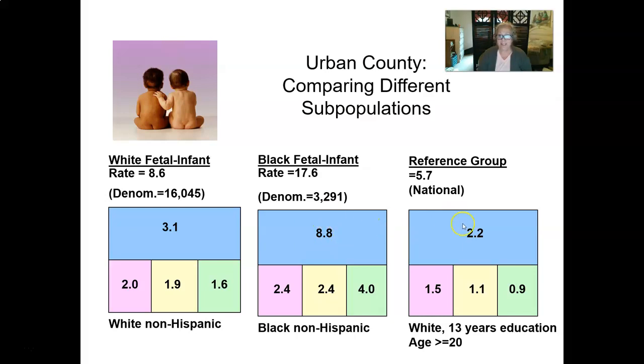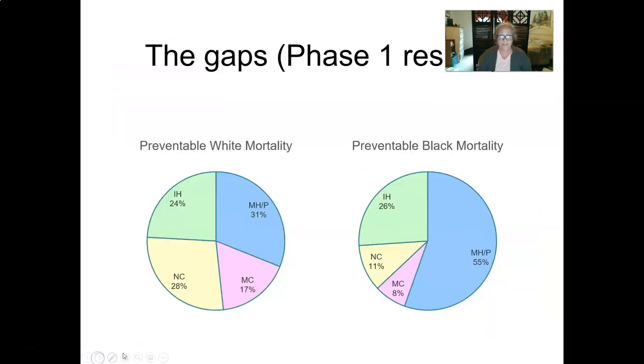So 8.8 minus 2.2, 2.4 minus 1.5. All those differences are called excess mortality rates, and you get a difference for each period of risk in each population. And you can put them into pie charts to better see how big they are, how big of a problem they are relative to each other within those populations. You can also go on to calculate excess numbers of deaths, and in that way you can put the two populations together.